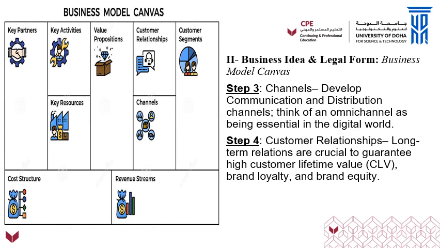Now, answering the two questions, communication channels and distribution channels, nowadays most businesses rely on multiple channels and not only one. You need to think in your business plan about what type of channels you can build so that your products are distributed physically and available in stores in physical places. This is one.